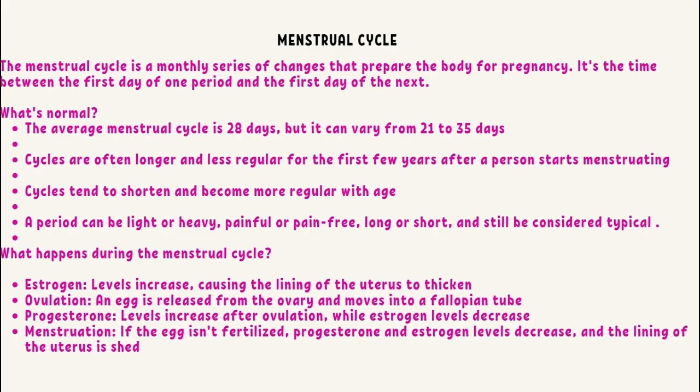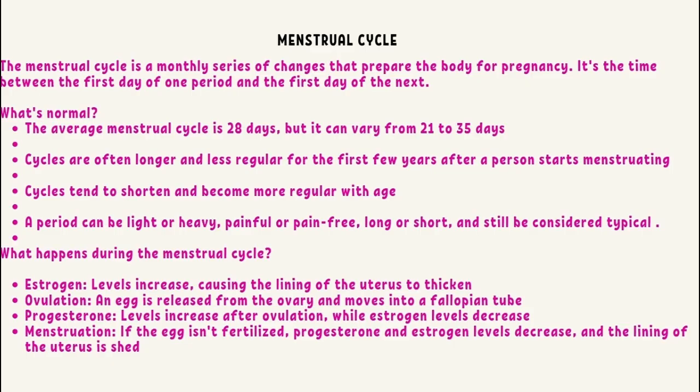So once the female falls within 21 to 35 days, it should not be that alarming, but again, talk to your doctor. Cycles are often longer and less regular for the first few years after a person starts menstruating.